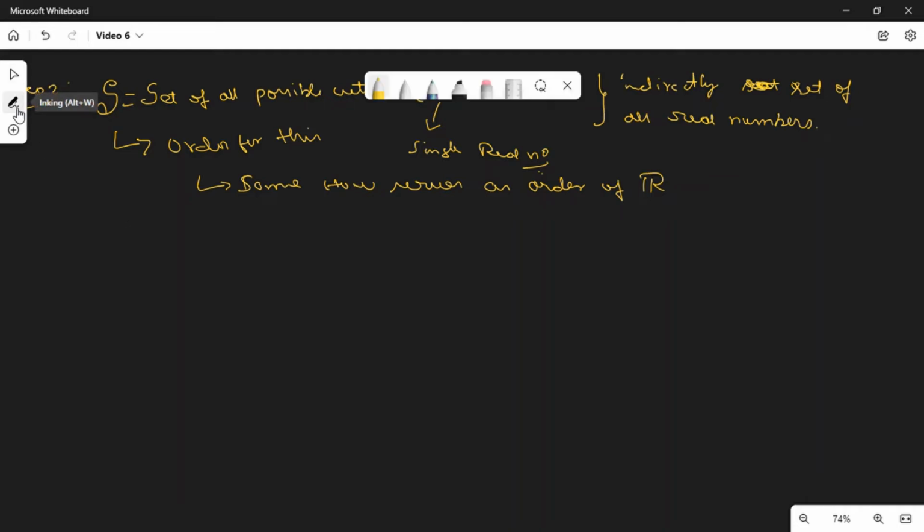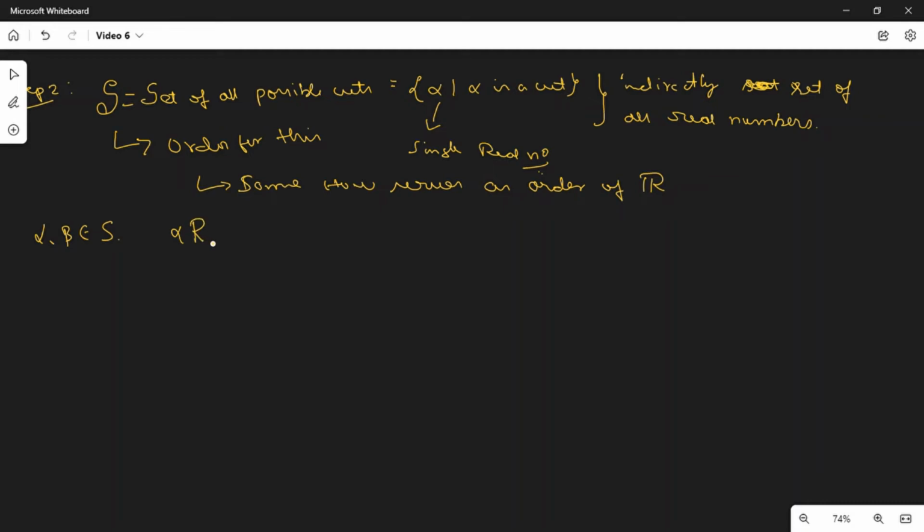So say alpha and beta are two elements of S. If you want to say alpha is related to beta, that relation is: alpha is a proper subset of beta. Pictorially it looks like this. If this is alpha, then this is our beta.